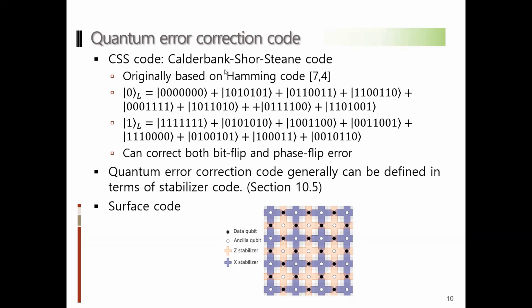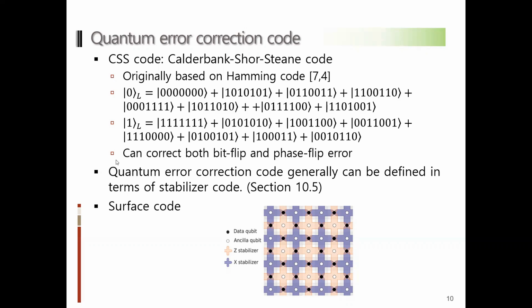the smallest CSS code can actually detect and correct the bit flip error and then the phase error. So instead of using 9 qubits, 7 is kind of a minimum number to be able to correct both types of error.